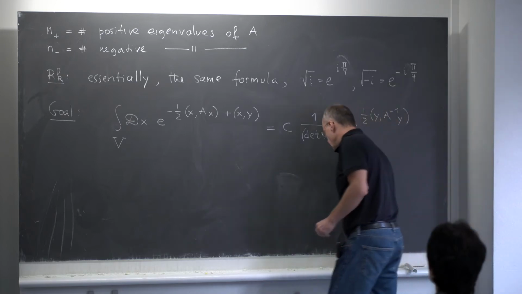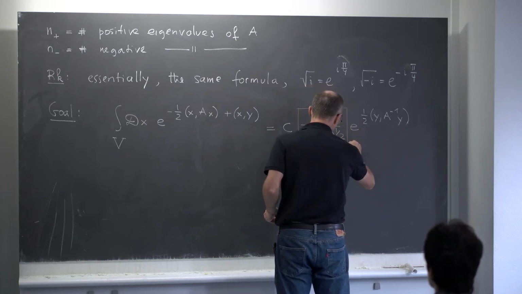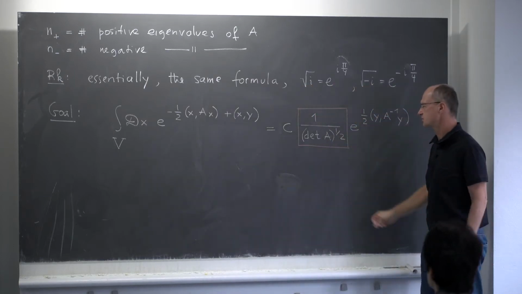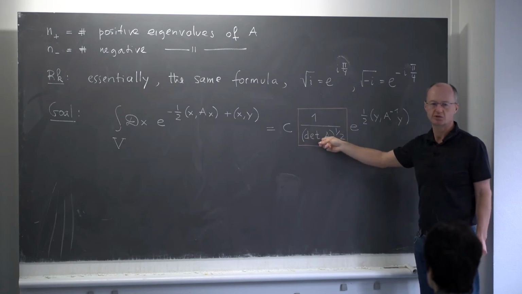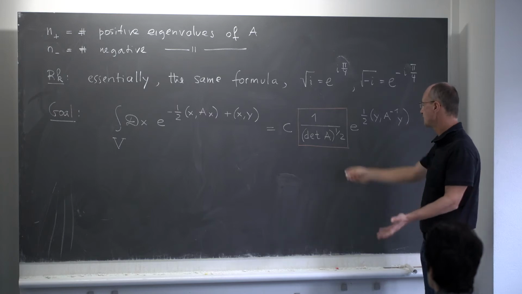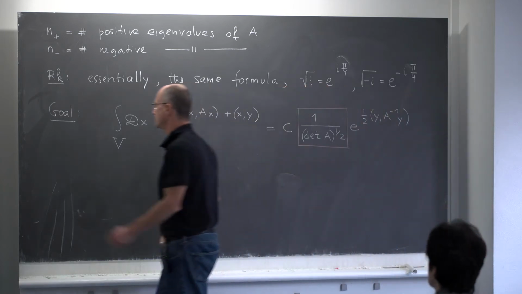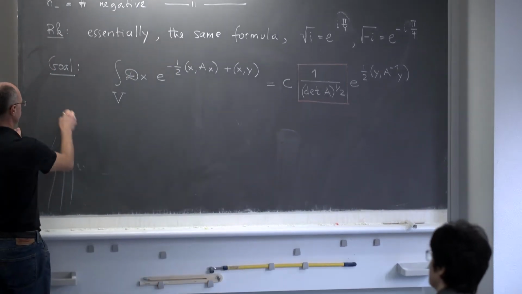The main topic of the discussion today is this term. So what are the assumptions on A, and what is the determinant of A? So basically that's the main topic. So what do we do with the determinant of A?